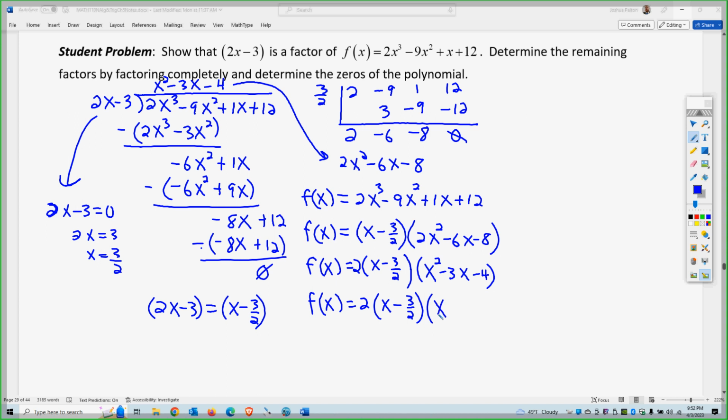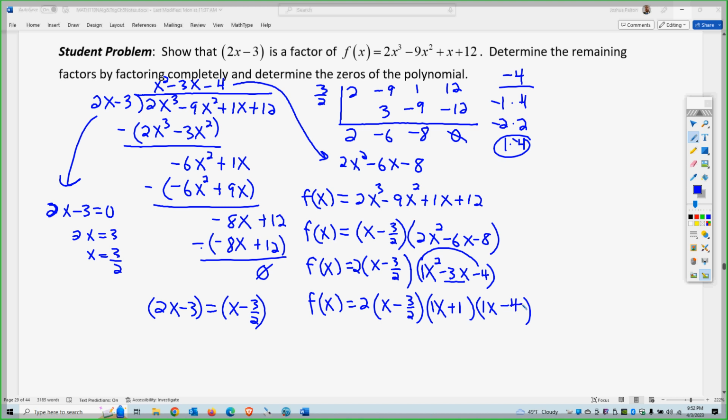All right, so 1x, 1x. Okay, so we have 1 times negative 4 is negative 4, which is 1 times 4, 2 times 2. But one of these has to be negative. Well, we're trying to get negative 3, so it has to be this one, which is a plus 1 and a negative 4.